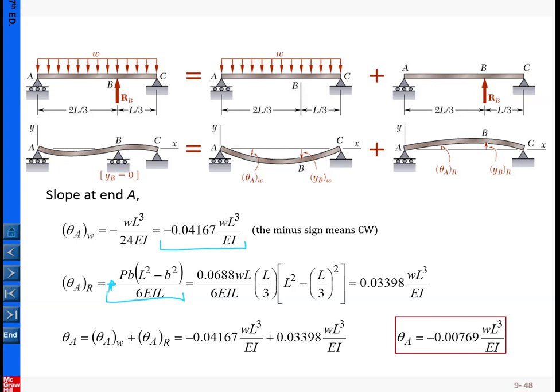Anyhow, that is the number here. We simply add them together, and eventually the sign is negative. That means for our superposed system, the slope is inclined clockwise, as shown here. The magnitude is equal to this number.